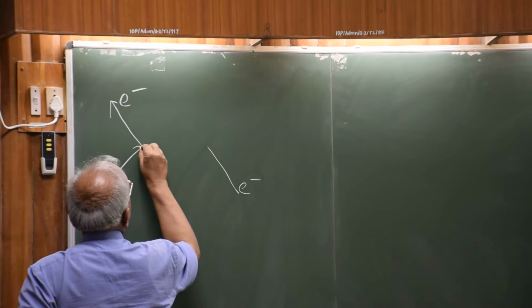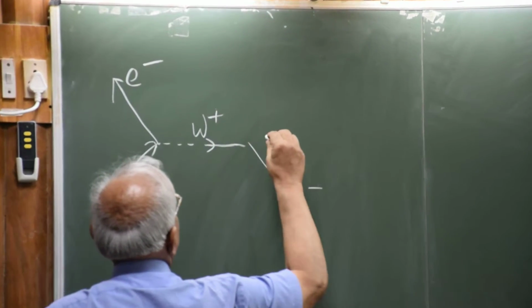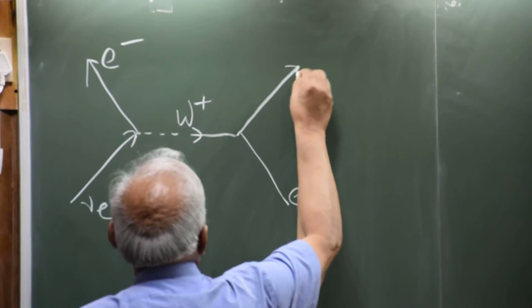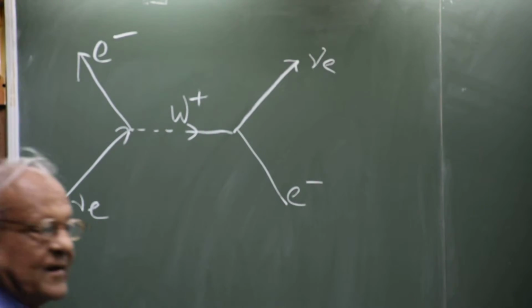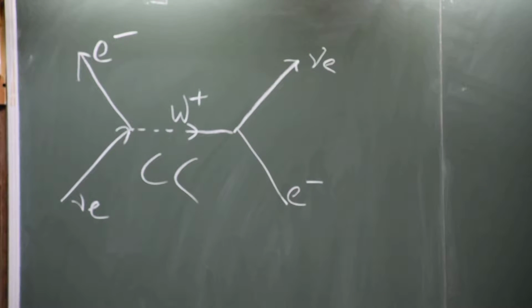The electron emits a W plus. This is the charge current interaction. Nu mu cannot produce anything by charge current interaction because you have to produce a muon, which costs you 100 MeV, but you do not have 100 MeV.